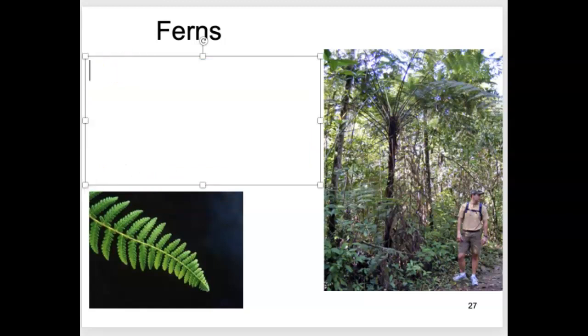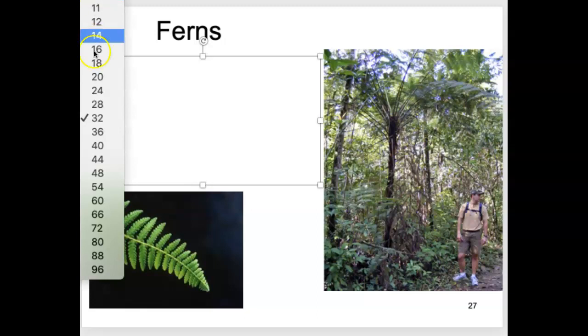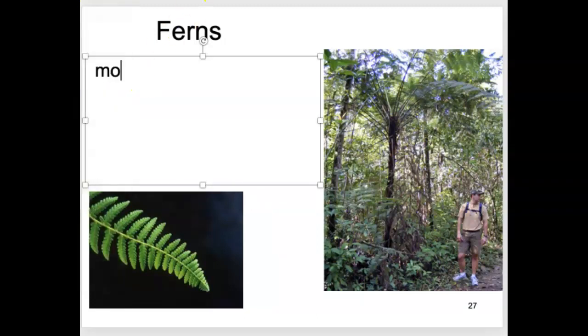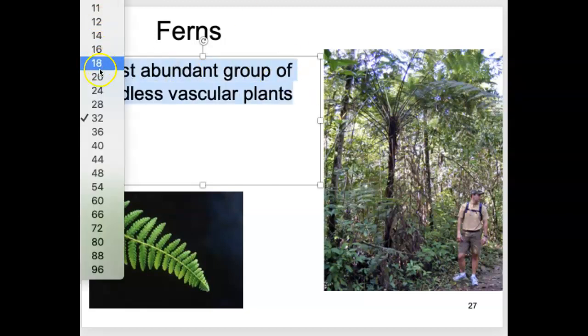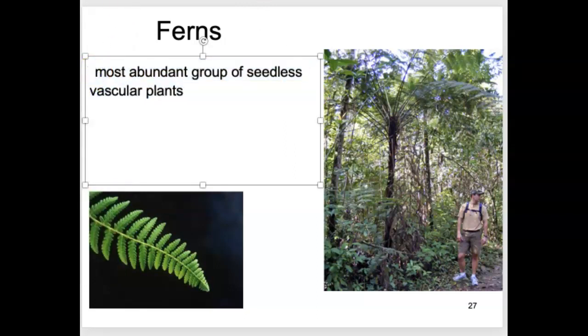Ferns are the most abundant group of seedless vascular plants. So what we see with the ferns, get some bullets. All right, most abundant group of seedless vascular plants. Ferns have a large range.